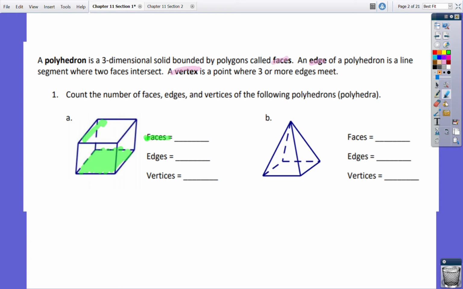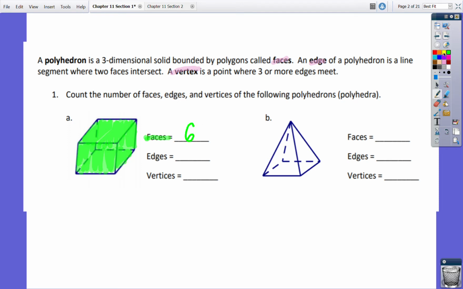A top. That's two. A left side, which is three. A right side, which is 4, a front side, which is 5, and a back, which is 6. So we have 6 faces total here.